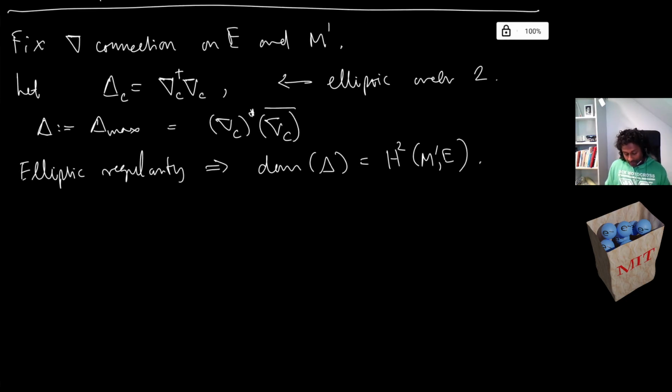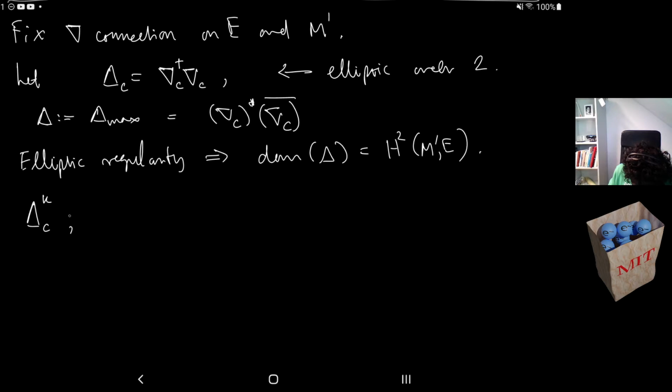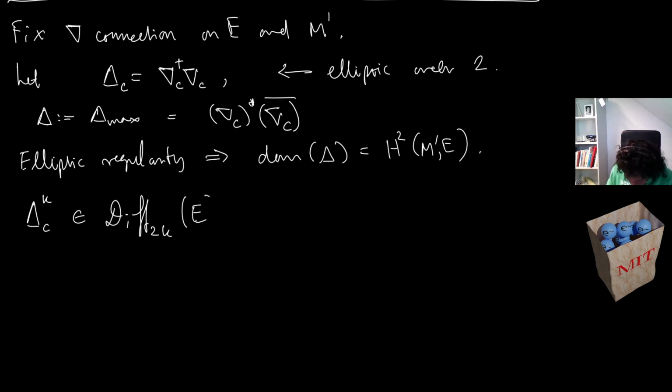So now we can start thinking about powers of this. We can look at powers of this operator, and these operators are going to be order 2k from E back into itself. And these are again elliptic, because the symbols compose.